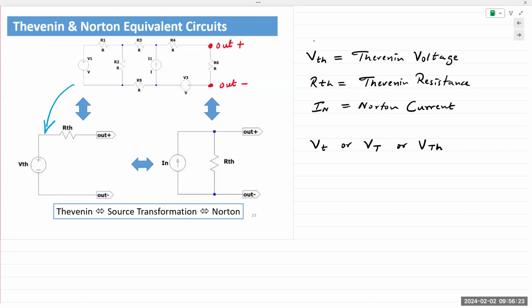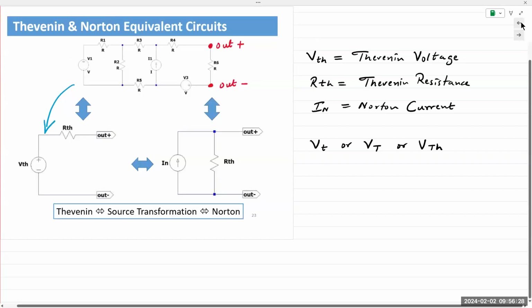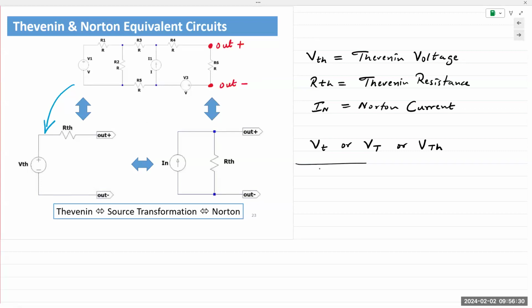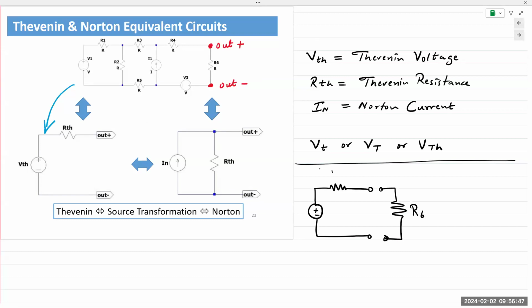So the advantage of doing this kind of circuit, let me sum it up here. Let's say you analyze a circuit and you find R6 was here, right? So R6 would plug back in at those output terminals.